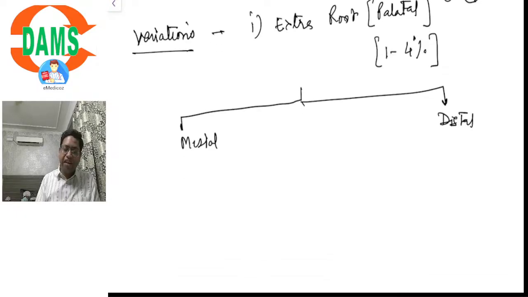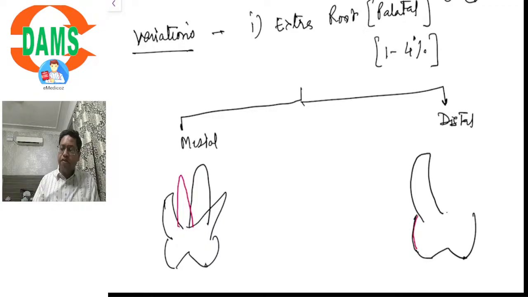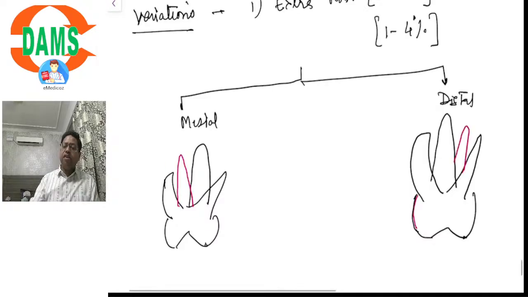So there can be a maxillary molar like this, a mesiobuccal root, a palatal root, and an extra palatal root on the mesial side. Or there can be a maxillary molar with anatomy like this, the mesiobuccal root, the regular palatal root, and an extra palatal root on the distal side.